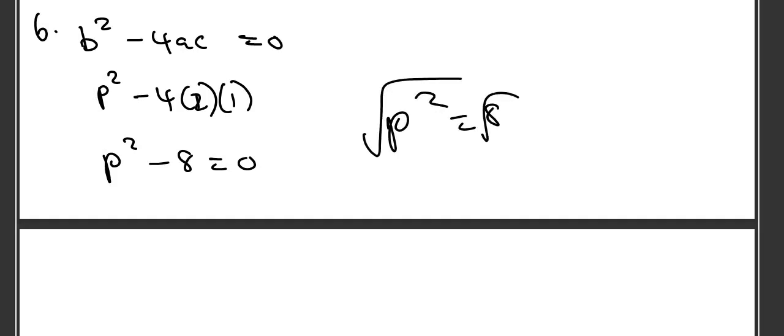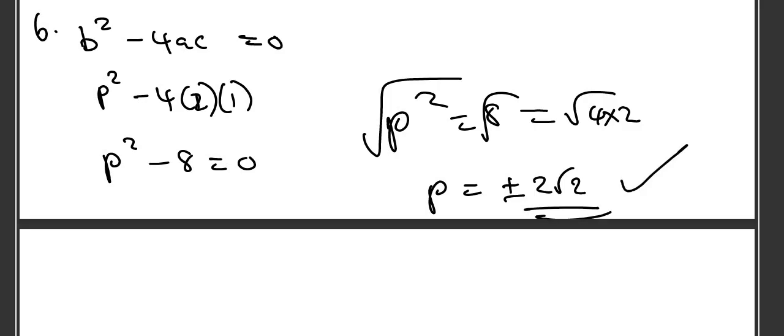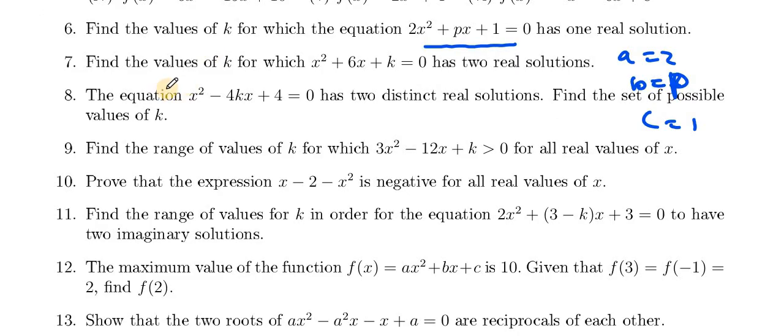We can get the square root, so p can be plus or minus 2 root 2, because root 8 is the same as root 4 times 2. Here on the question, they said values, so we give both the plus and the minus, because they expected more than one answer. So that's what we get.